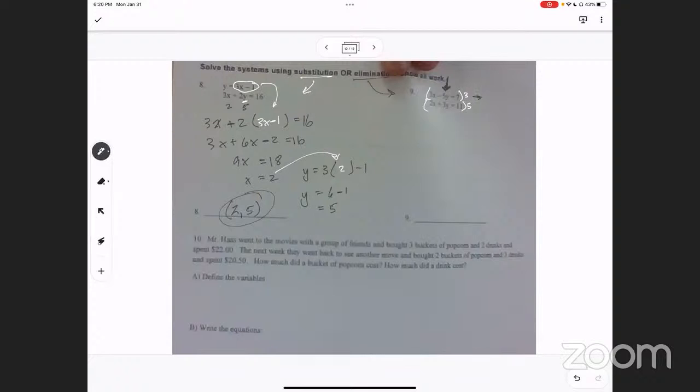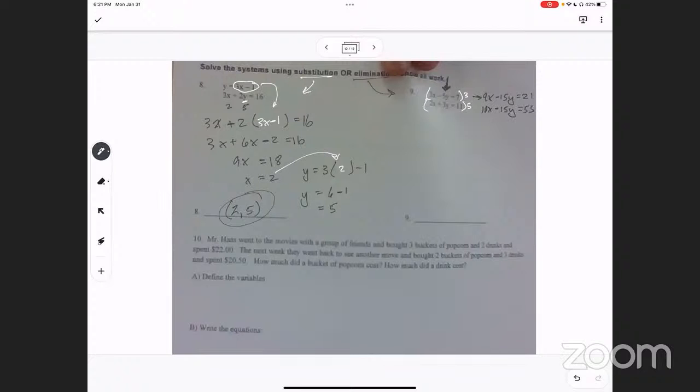So this equation becomes, make sure you multiply everything by that 3, 9x minus 15y equals 21. And what's the next equation going to be? 30x minus. Nope, not 30. Oh, sorry. I thought the parentheses was a 1. 10x minus 15y equals 55.